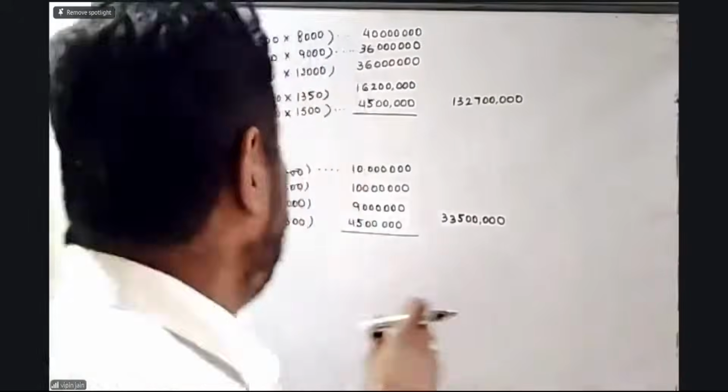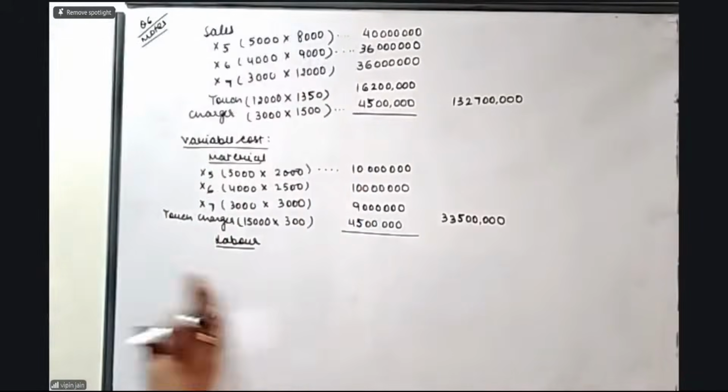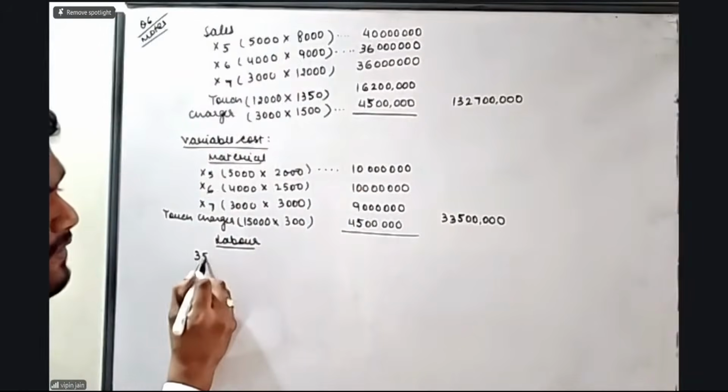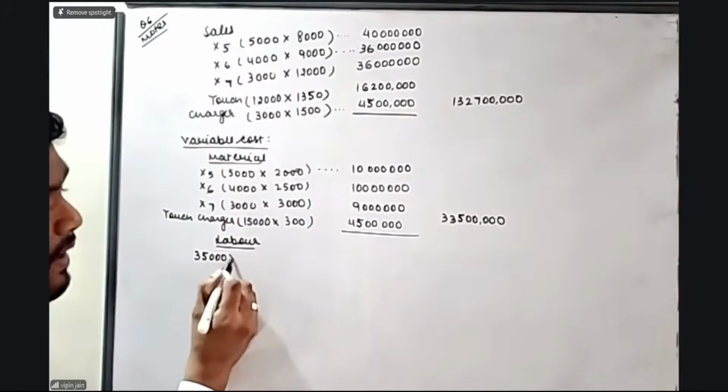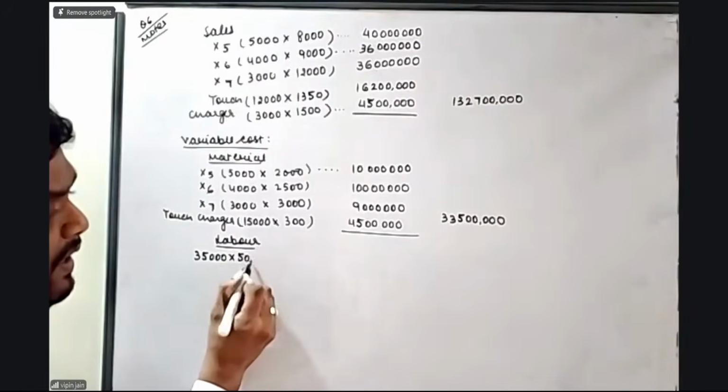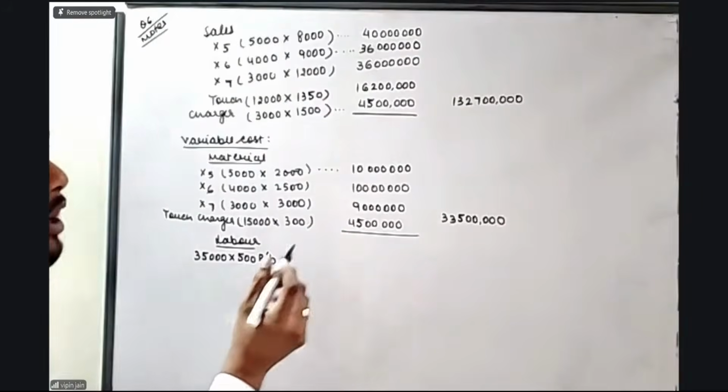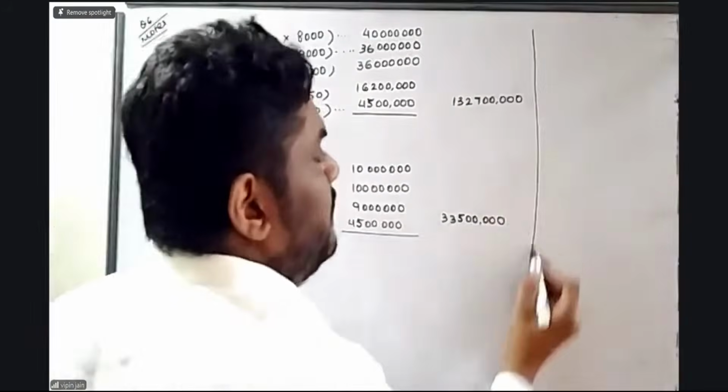See, I can write down the labor cost directly also. That is, I'm paying 35,000 labor hours at the rate 500 per hour. Now I need to calculate the overtime hours.